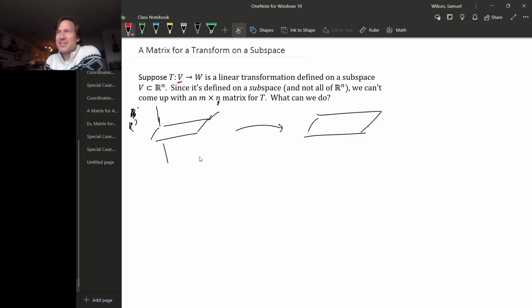Well, the feature of R3 that lets us write a matrix for a linear transformation is the fact that it comes with this handy basis built in. We are so familiar with this basis for R3 that we don't even think about the fact that having a built-in basis is a special feature. So maybe for this subspace, what we should do is write down a basis for it.